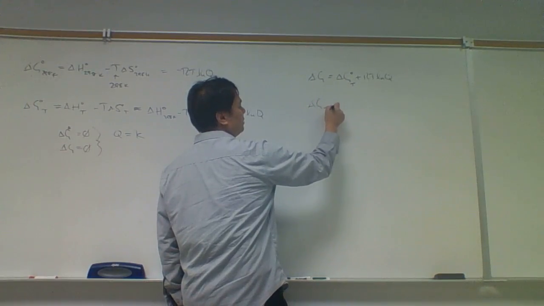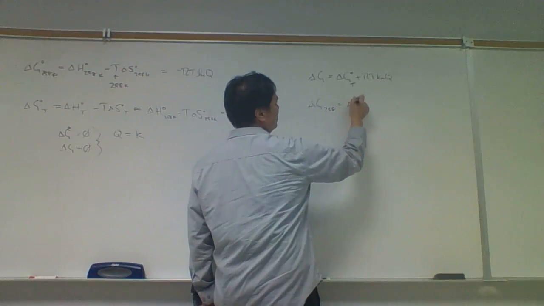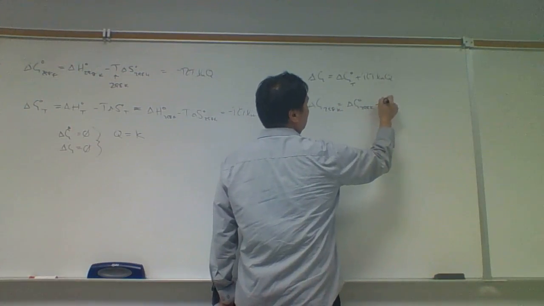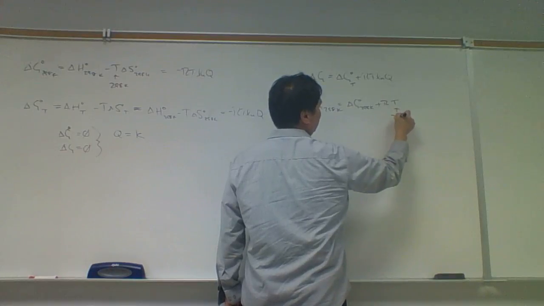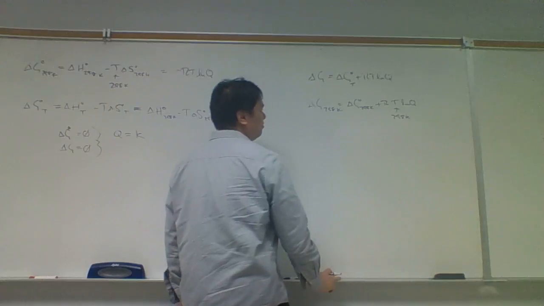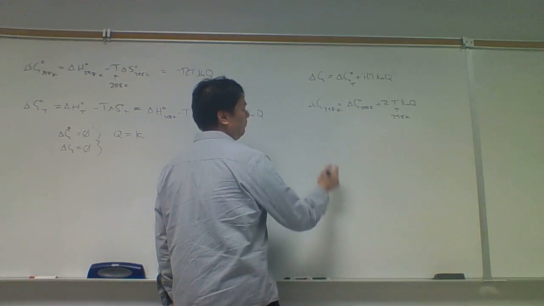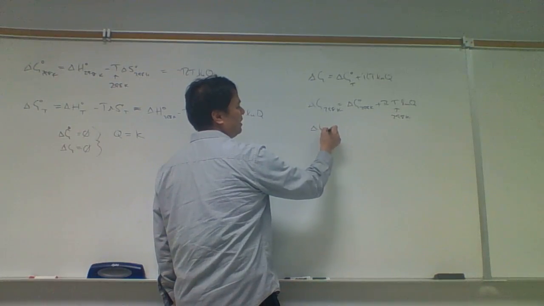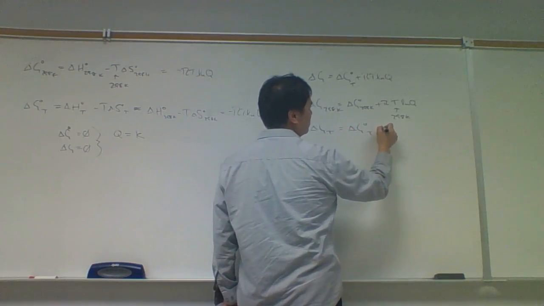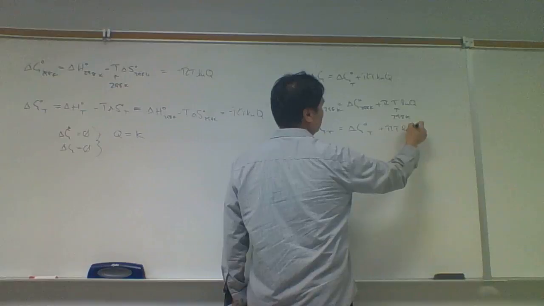This is delta G at 298 is equal to delta G naught at 298 plus RT, where T is going to be 298 Kelvin, ln of Q. Okay. If the temperature is not at 298, then this is delta G at temperature T, which is equal to delta G naught at temperature T plus RT ln Q.